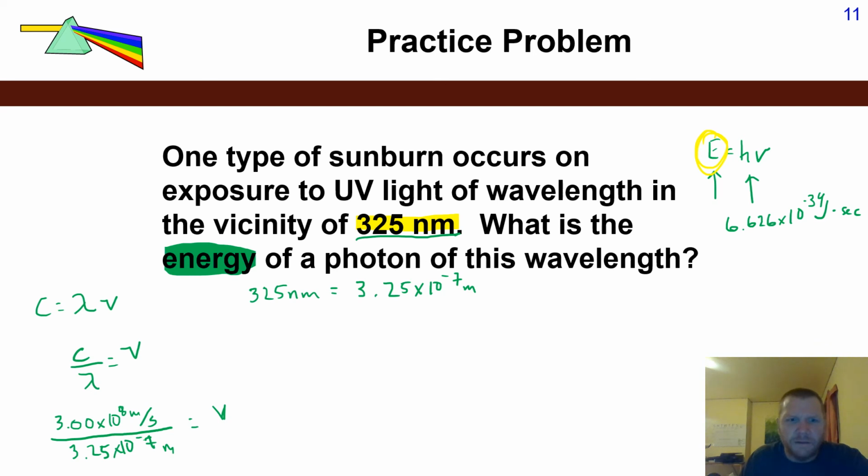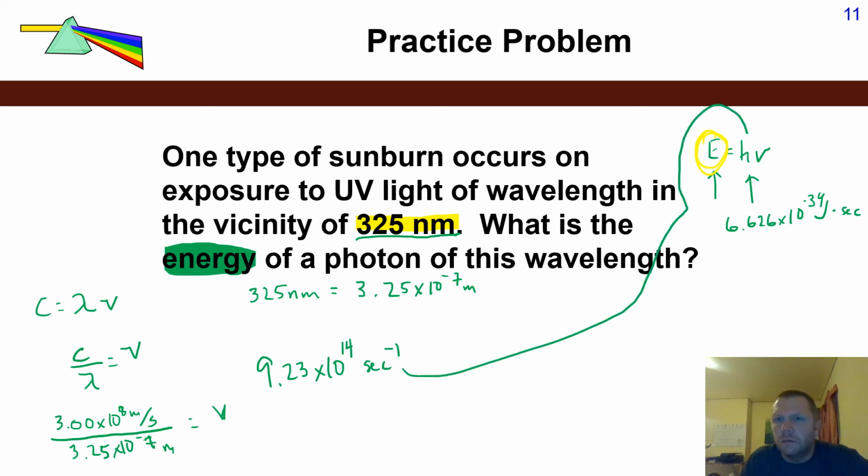This v value ends up being 9.23 times 10 to the positive 14th inverse seconds. Then you can plug that into this equation, because we have that Planck's constant.